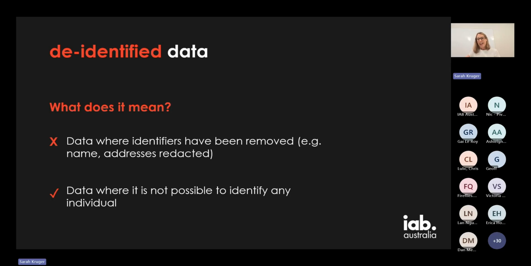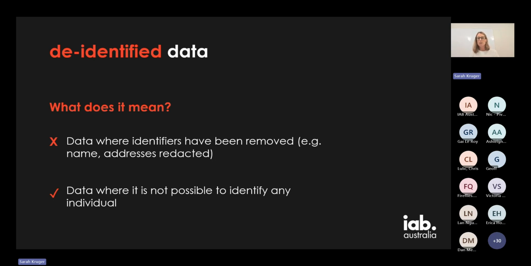De-identified data. When I have spoken to businesses, I often hear that people think that the privacy issues have been resolved because the data has been de-identified. Now, in a sense, that's correct.